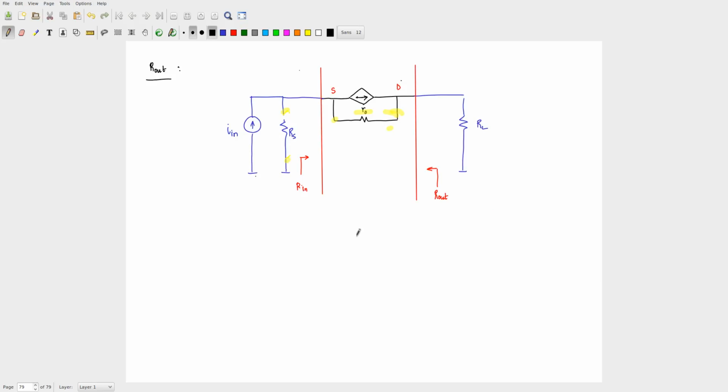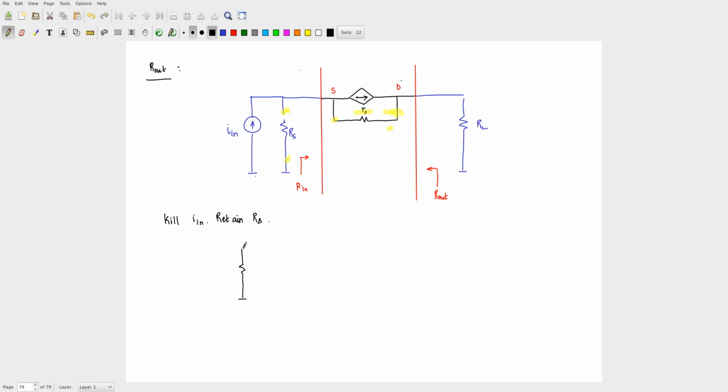R out, how do you calculate R out? Kill I in, but you retain RS. That's what I thought, but it's okay, let's not go back and confuse everybody. So if I kill this, what will happen?